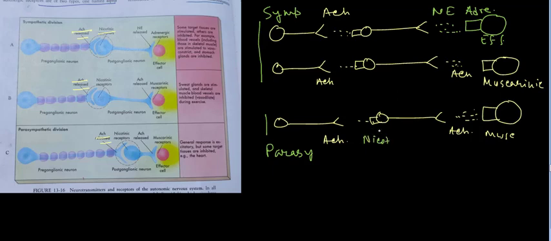All the postganglionic neurons have the nicotinic receptor, and a few of the postganglionic neurons in the sympathetic division release norepinephrine, and this norepinephrine binds with the adrenergic receptor of the effector organ. So few sympathetic postganglionic neurons release norepinephrine, and few release acetylcholine. Okay, and this acetylcholine binds with the muscarinic receptor of the effector organ, and also the parasympathetic postganglionic neuron releases acetylcholine, which binds with the muscarinic receptor.